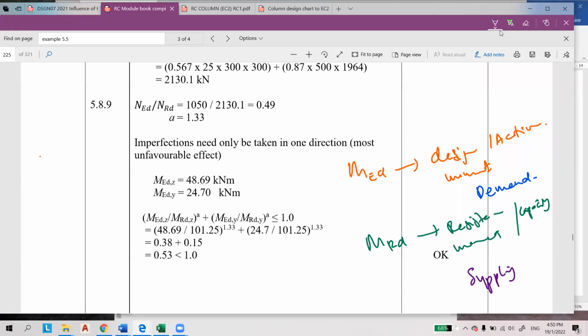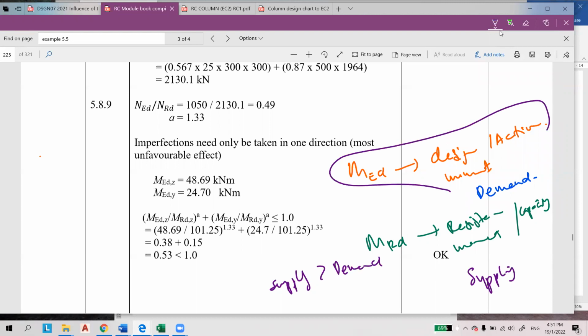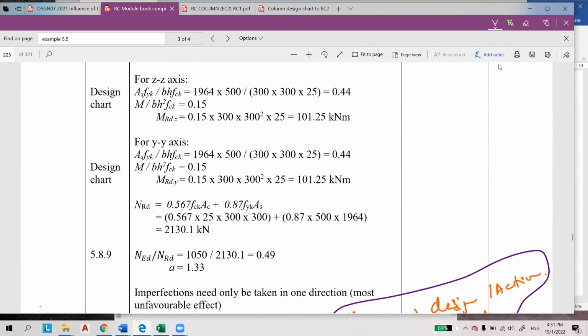So the supply must be greater than the demand. This is the action from the loading, and this is the resistance from the cross section, from the concrete and the steel reinforcement. So we must check.